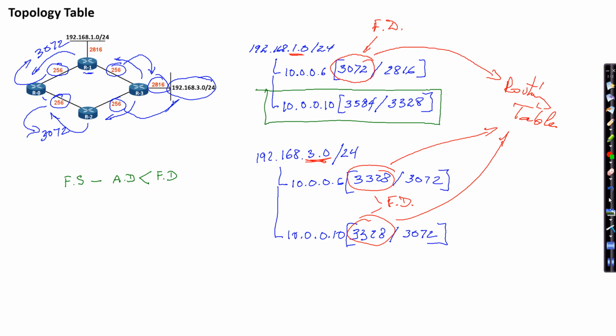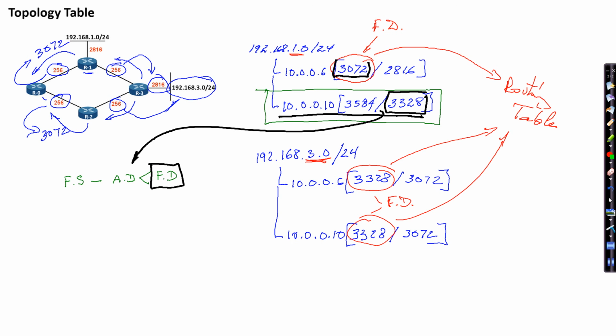Let's re-examine this path. The advertised distance of this path, which is this number here, must be less than the feasible distance, which is this number. In our example here, it is not.